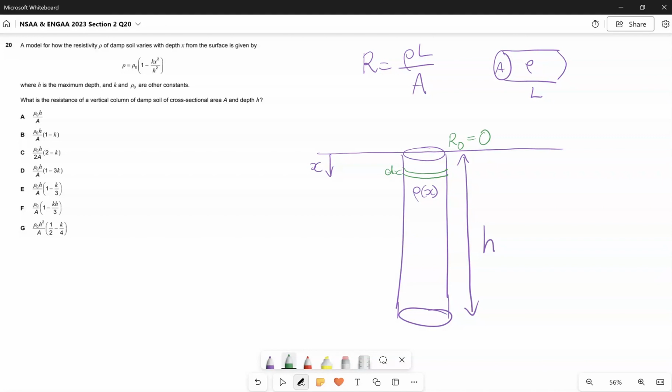So dR, the change in resistance, will be equal to the resistivity at a point x, times the length of that section, dx, over the cross-sectional area, which is the same, so we can just use this constant A. And then we can add up all these contributions, so we use the integral, the sum, which is equal to all these changes.